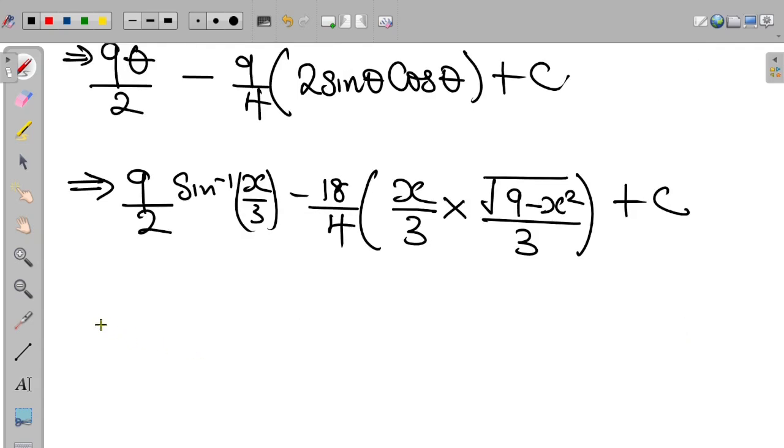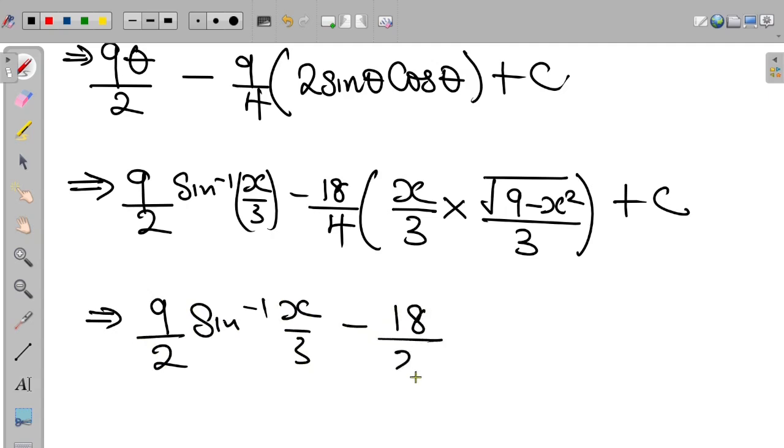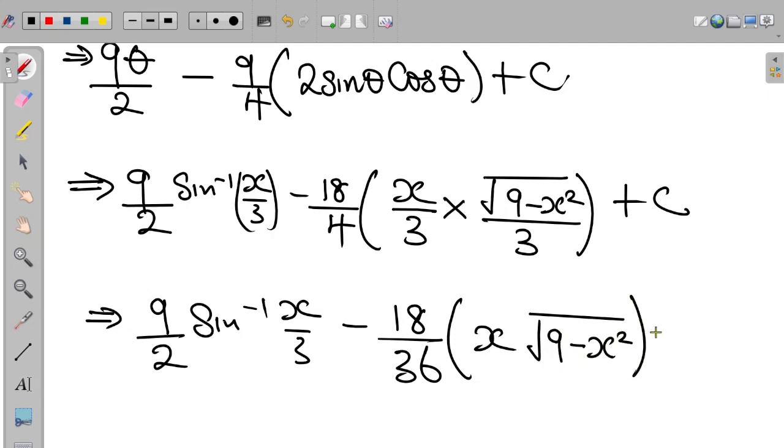So if we further simplify, this becomes 9 divided by 2 sine inverse of x divided by 3 minus 18 divided by 36, open bracket, x multiplied by root of 9 minus x squared, plus c.